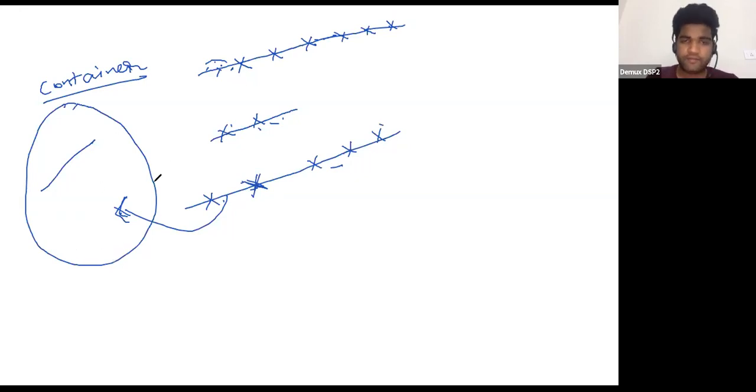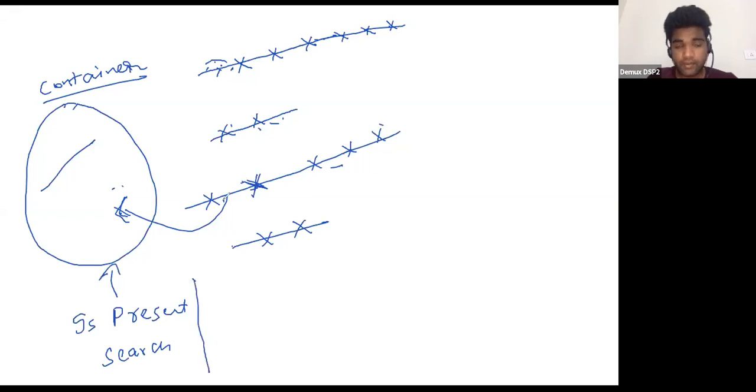So now, if that is how we plan to do this, then what are you expecting from this particular container? You are expecting that whenever you get a line, you will check whether that line is already present in it or not. Correct? Which is basically searching. What else are you expecting from this container?